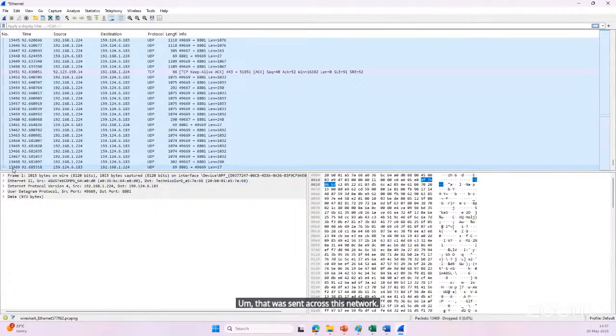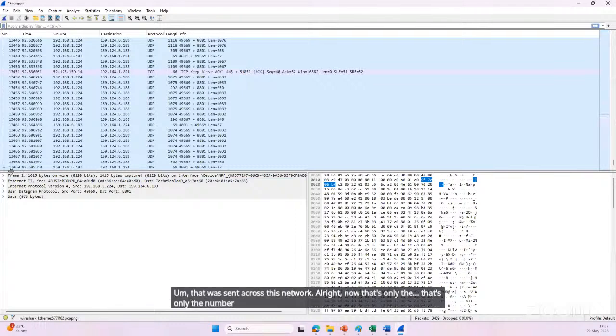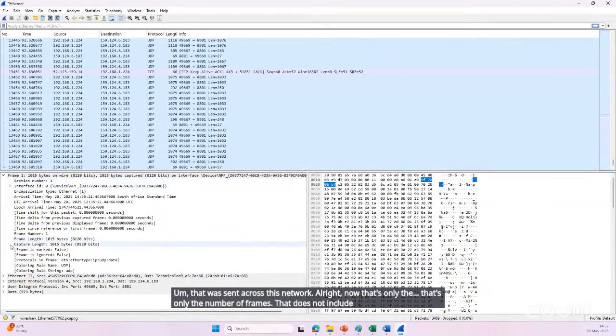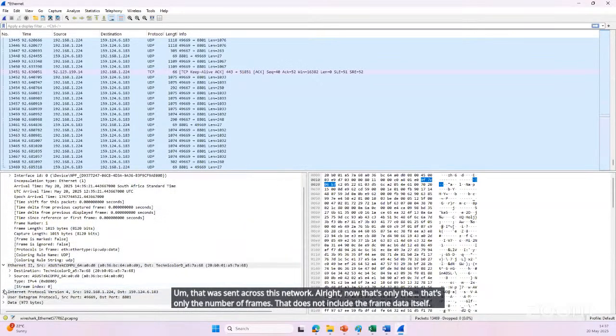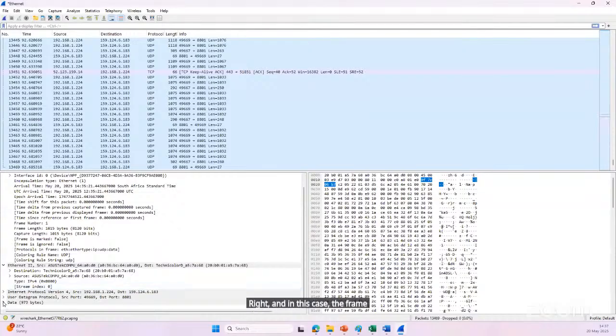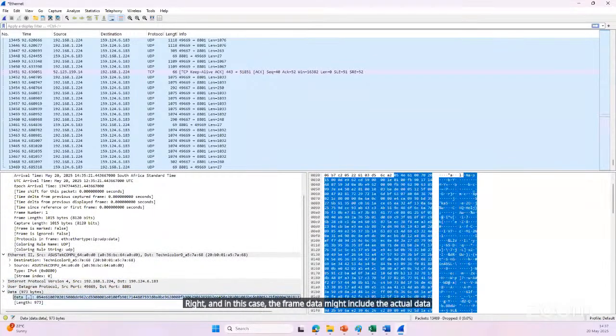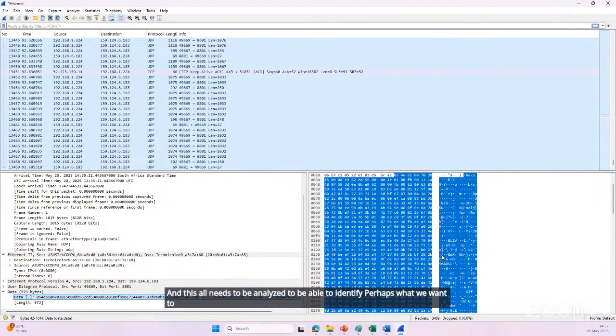Right. Now that's only the number of frames. That does not include the frame data itself. Right. And in this case, the frame data might include the actual data that was sent. And this all needs to be analyzed to be able to identify. Perhaps what we want to identify is whether usernames and passwords are being sent across the network in clear text, right?